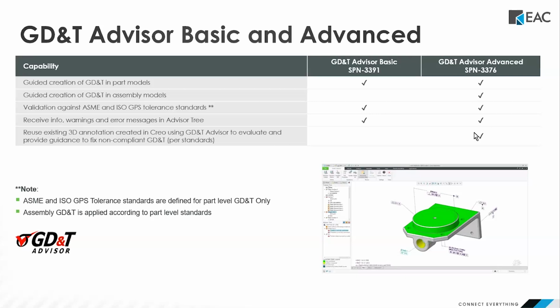The advanced one allows us to take an existing drawing that we've created and run this spell checker on it. It looks at the GD&Ts that have been created and then tells you if they need to be fixed and how to fix them. So it isn't an online real-time thing, but it can be a post-processor for existing drawings, which can be pretty useful.